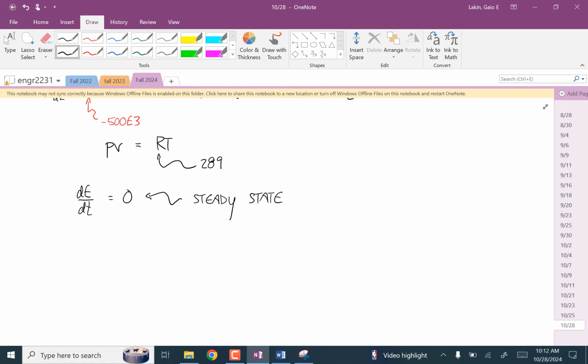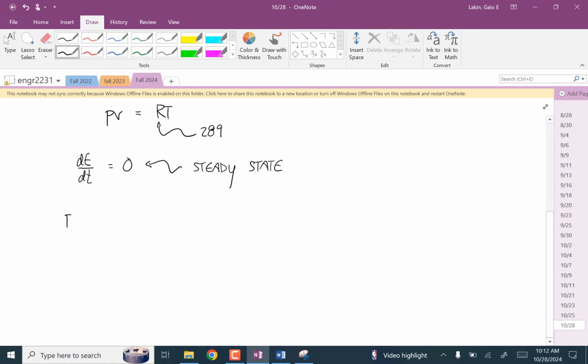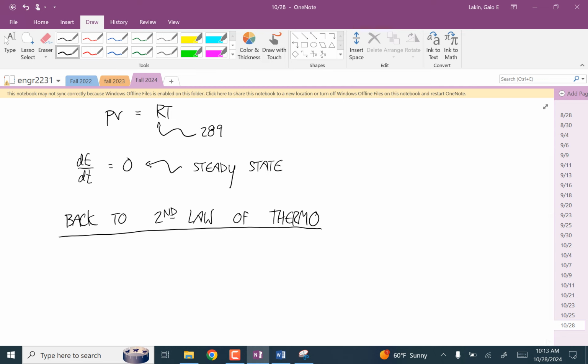Okay, so we're working on the second law of thermodynamics. Remember, we have a test on Friday. The test won't include any of this second law stuff, so it's just up through control volumes.